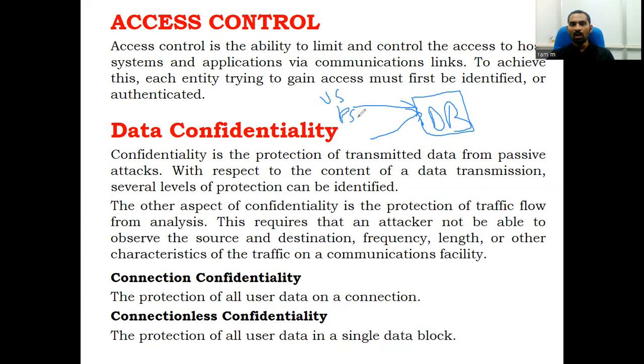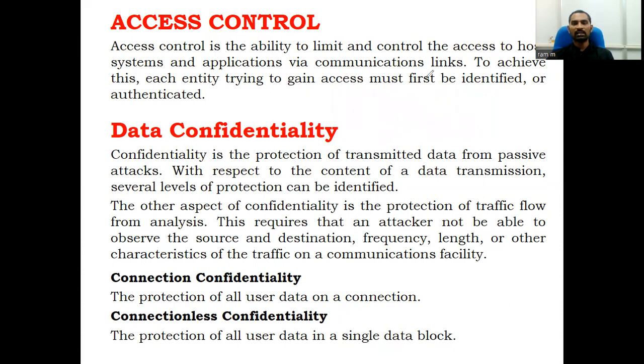By using the username we are identifying, and by using the password we are authenticating that an authorized person is accessing the data. This is how we provide access control within the organization. This is one security service that we generally follow within organizations. So that is access control.